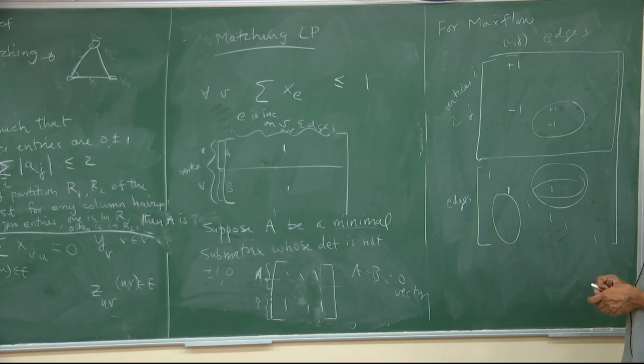It is a row of the identity matrix, so only that is 1.